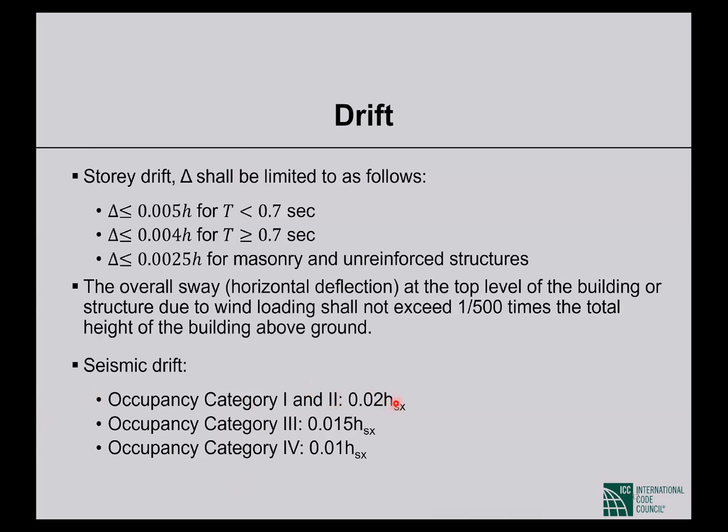This is the story height at a particular level. For different occupancy categories, occupancy category 3 is hazardous buildings, and occupancy category 4 is essential service buildings. So for different categories, the service limit for earthquake loading is different.